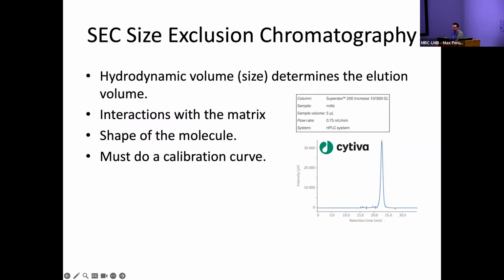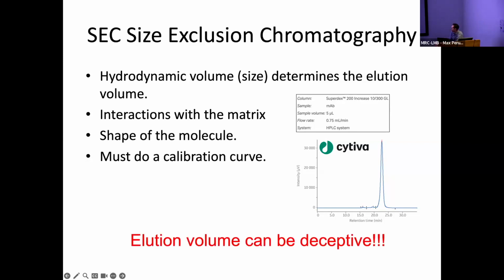It's quite a dangerous thing to do, because it does run depending on the size, the hydrodynamic volume, but it might also interact with the matrix. It's dramatically affected by the buffer. So quite often you can see proteins won't run where you think they should run. They can elute either earlier or later. So just because you've run it on a size exclusion column, don't think that you know the size.